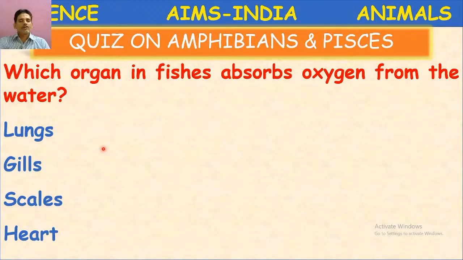What is the correct answer? Here, how do fishes obtain oxygen from the water? With the help of respiratory organ. What is the respiratory organ in the fish? Gills. Fishes respire through gills and absorb the dissolved oxygen present in the water. Okay, children, good.